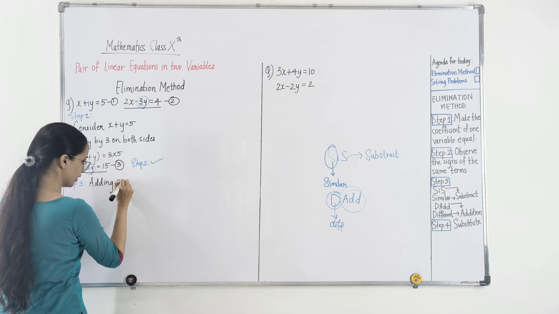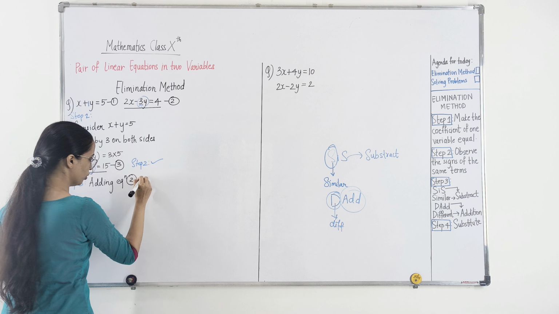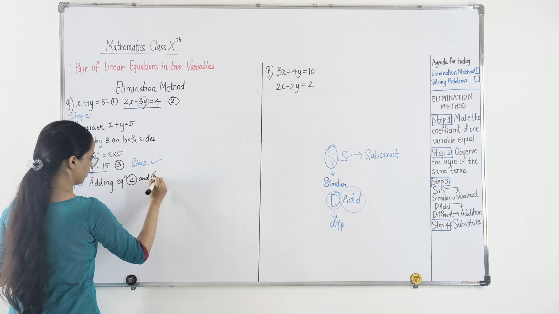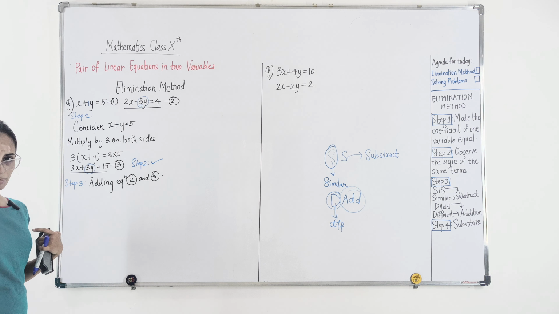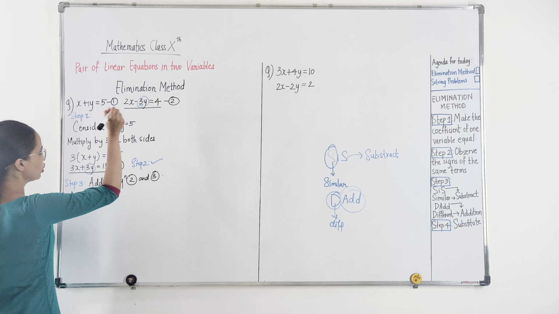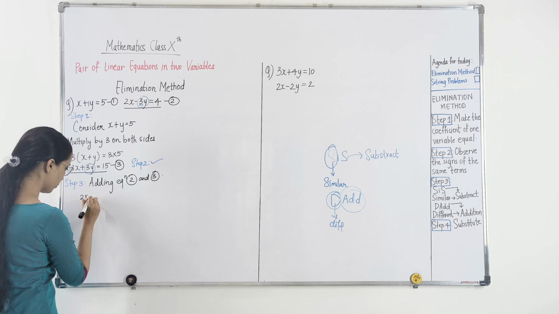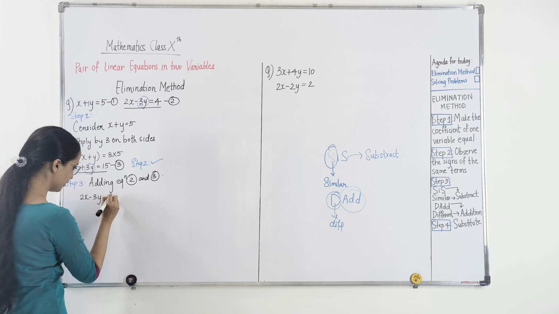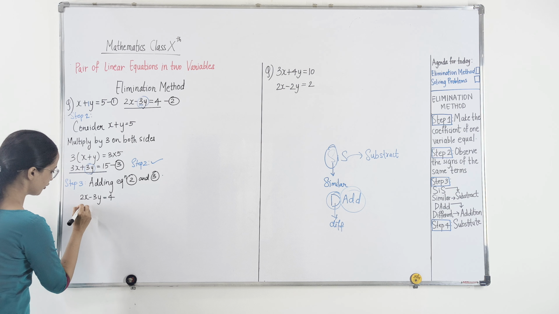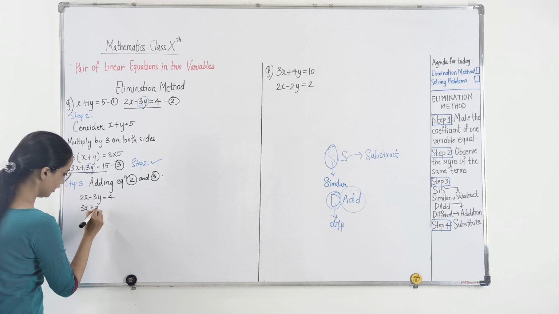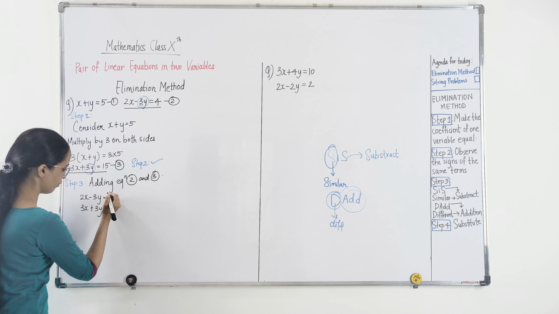So adding equations 2 and 3. Now it is advisable to perform the vertical addition. So you would be writing equation 2, 2x minus 3y equals 4, and 3x plus 3y equals 15.